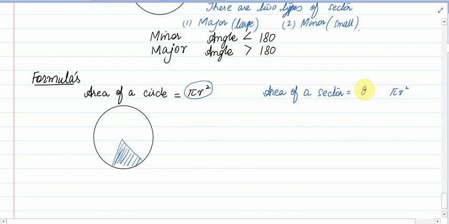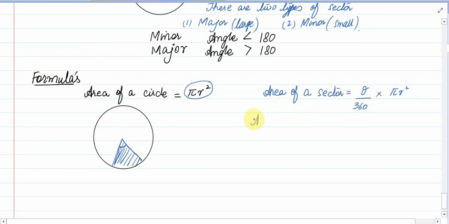It covers the portion, that means theta divided by 360 multiplied by pi r square. Now this theta divided by 360 is basically highlighting this portion only, and the whole area is pi r square, and that portion is theta upon 360 times pi r square. So that is the area of a sector, right?